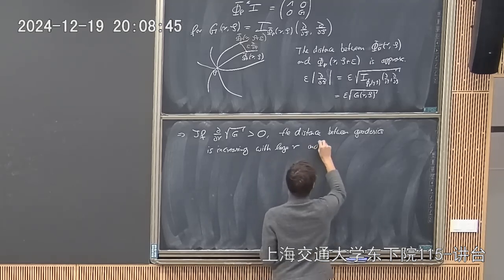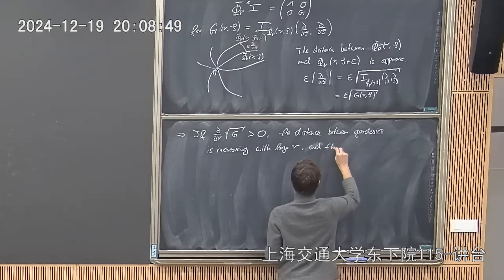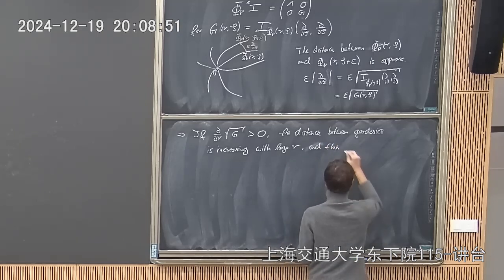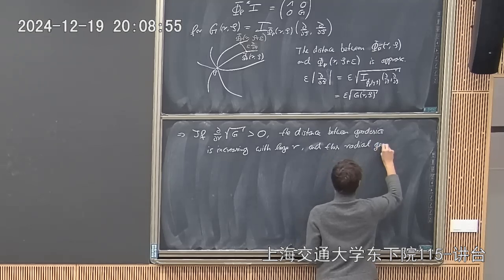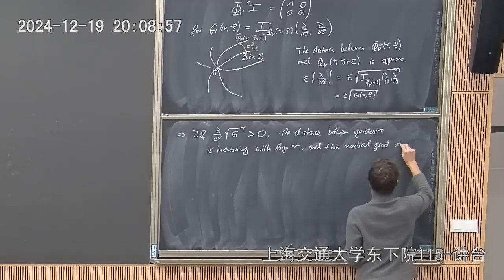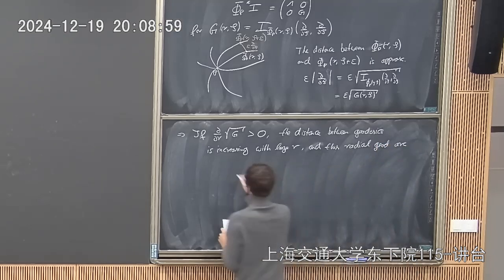And thus the radial geodesics are spreading apart.